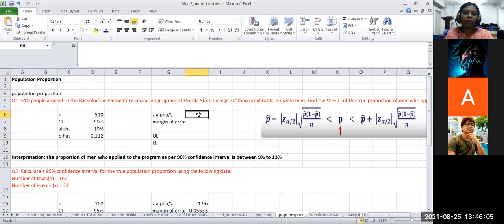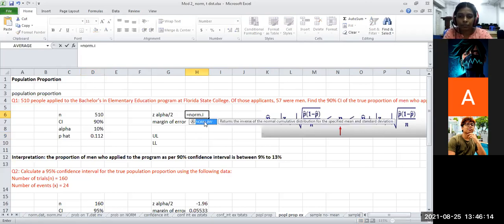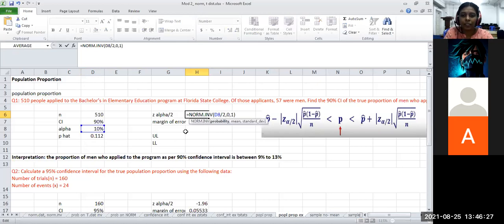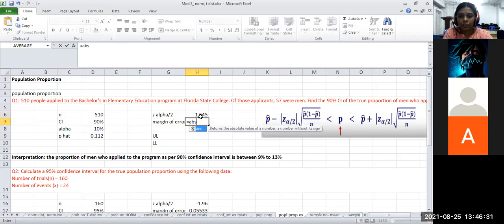Now whatever calculation we have to do for z alpha by 2 remains the same. So you will use the norm dot inv function, probability, comma 0, comma 1. We don't need to divide by 2. Okay. Absolute of this.